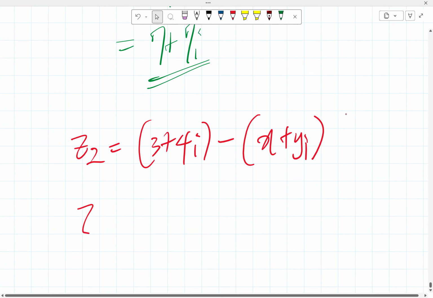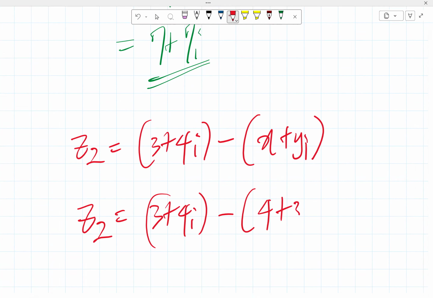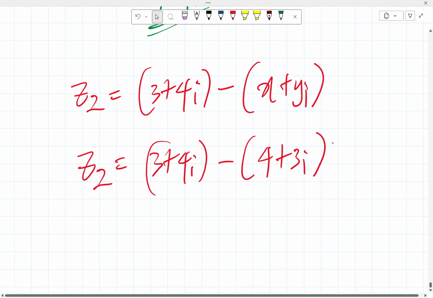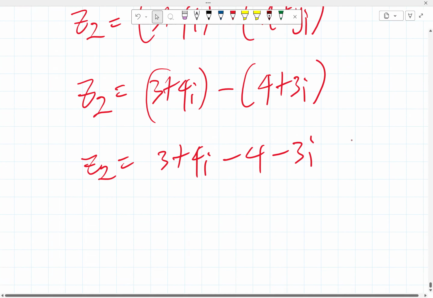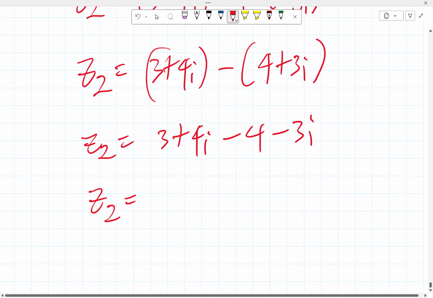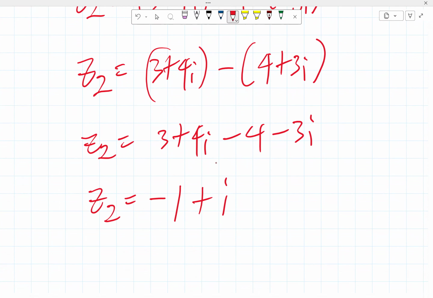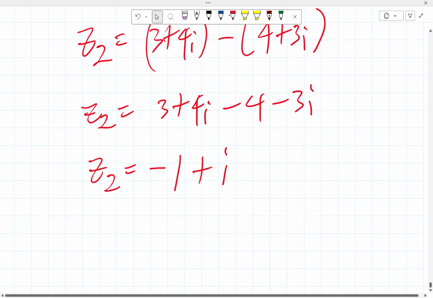So z2 would be 3 plus 4i minus 4 plus 3i. So these ones are not the same now. We have z2 to be 3 plus 4i minus 4 minus 3i. So z2 is 3 minus 4, which is minus 1, and 4i minus 3i, that's plus i. So that's z2 in this case.